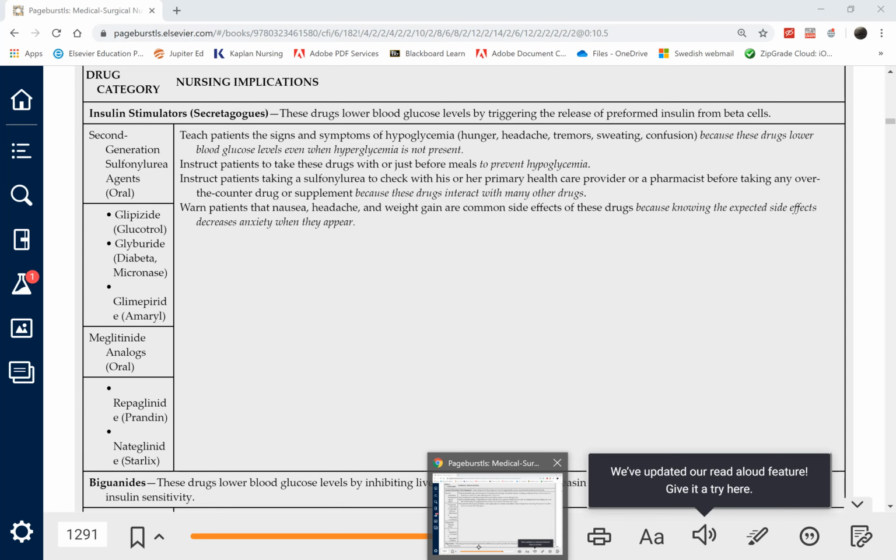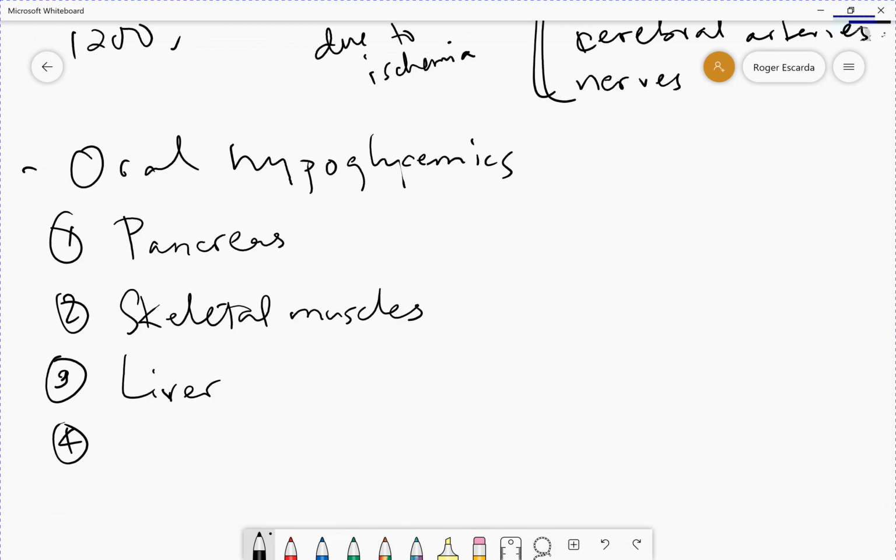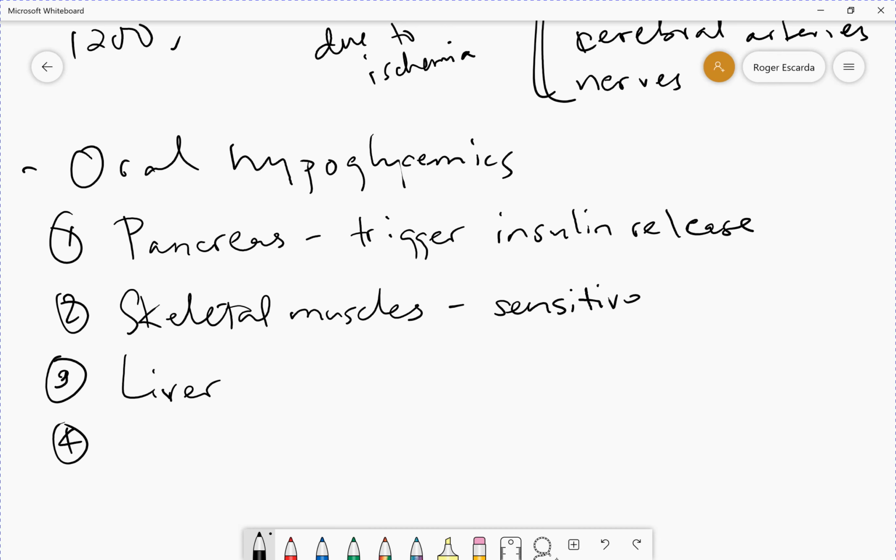Okay, in the case of the pancreas, some drugs will trigger insulin release. Some drugs will make the skeletal muscles more sensitive to insulin, increase sensitivity.